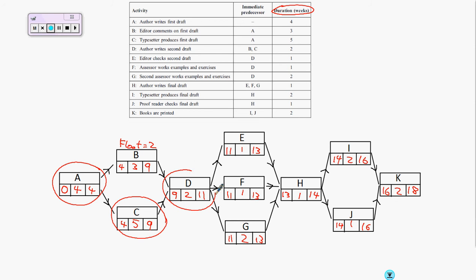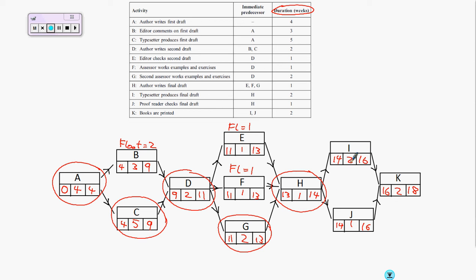So D is critical. E, 13 minus 1 minus 11 gives me a float of 1, not critical. F, 13 minus 1 minus 11 gives me a float of 1, not critical. G, 13 minus 2 minus 11 gives me 0, so it's critical. H, 14 minus 1 minus 13, 0, so it's critical.